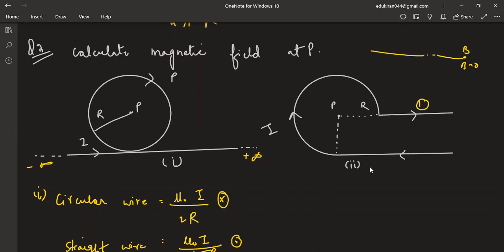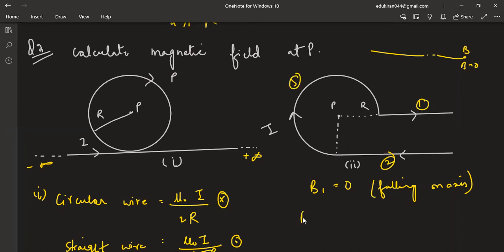Let's say this is segment 1. So the magnetic field due to 1 will be 0 because it is falling on the axis. Now the second part becomes this curved wire, and the third part is this.